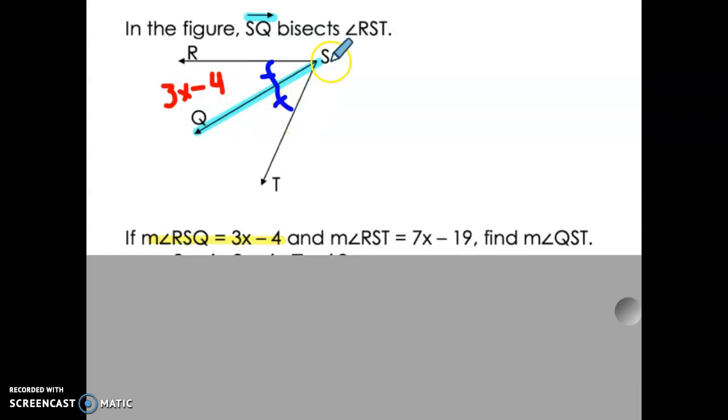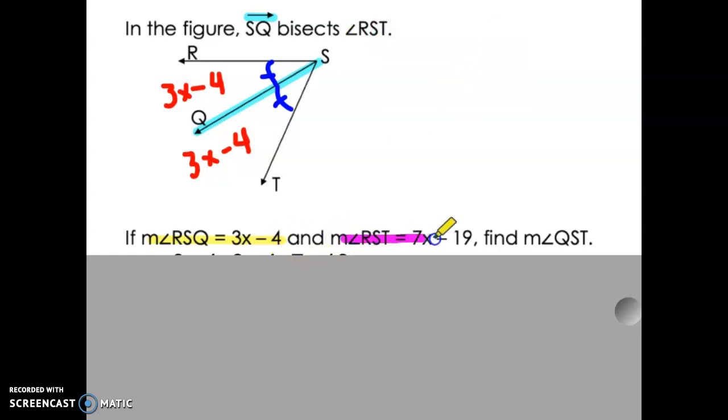Now, we just said, because ray SQ bisects this angle, if angle RSQ is 3x minus 4, angle QST is also going to be 3x minus 4. So I'm going to label that as well. And then, one more thing we need to label on our picture before we can write an equation and solve.